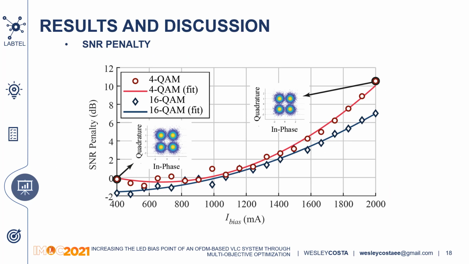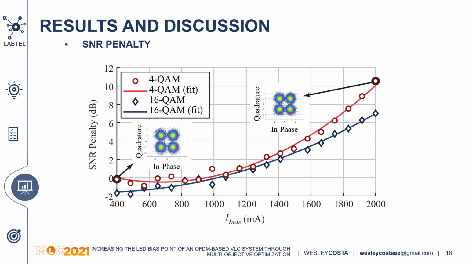In order to analyze the impact of SNR with respect to the DC current, this figure shows the SNR penalties, which is the difference between the SNR required for a bit error rate of 10 to the minus 3 and the optimized bias in the VLC system with the parameters shown in the third line of the last table for both 4 and 16 km.